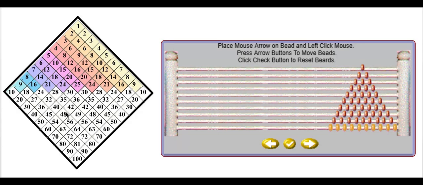Then we go to 48, and we count from 48 to cross our last square in the diagonal that's included in the area. 1, 2, 3, 4, 5, 6, 7, 8, 9, 10.